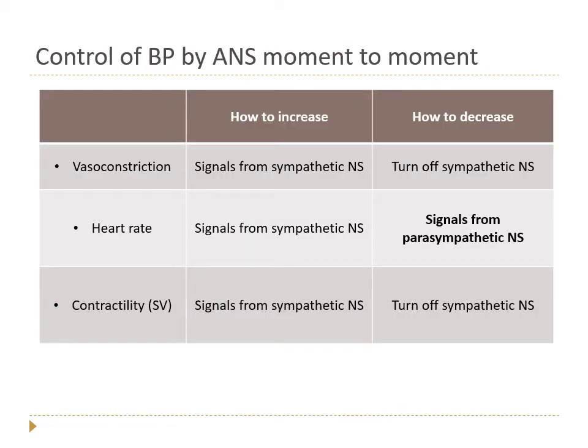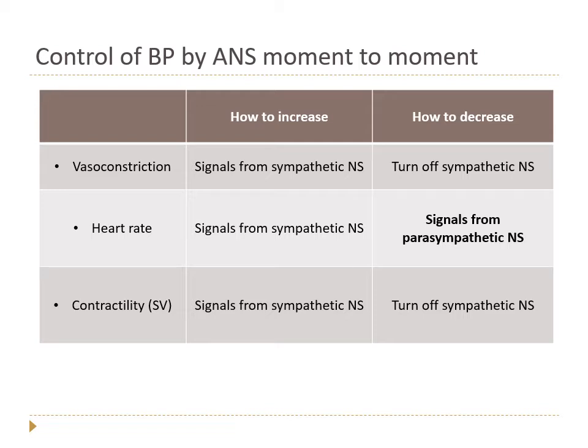So this is just a table to kind of summarize how these different factors are influenced by the autonomic nervous system. So if you want to increase vasoconstriction, we're going to turn on signals from the sympathetic nervous system. To decrease or to allow for vasodilation, you're just going to turn off the sympathetic nervous system. For heart rate, this is the one that's different.